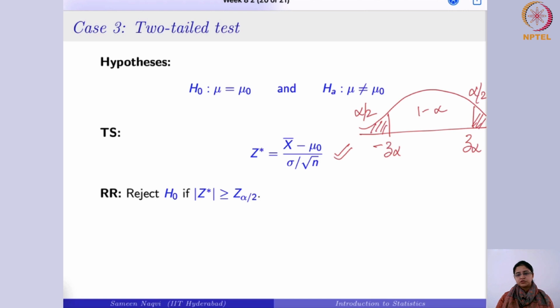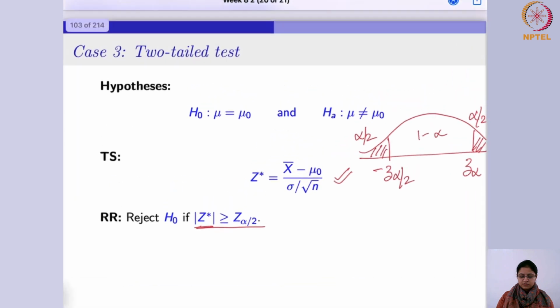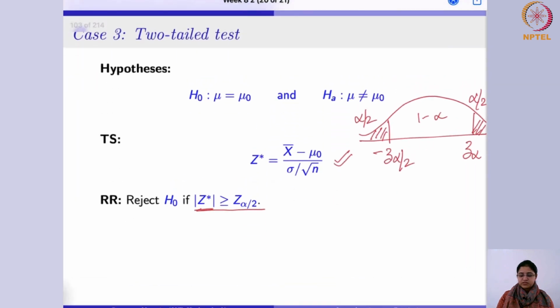So you can see that it can lie on both sides. Rejection would happen if the mod of this value is greater than or equal to z alpha by 2. Sorry, it will not be z alpha, it would be z alpha by 2.